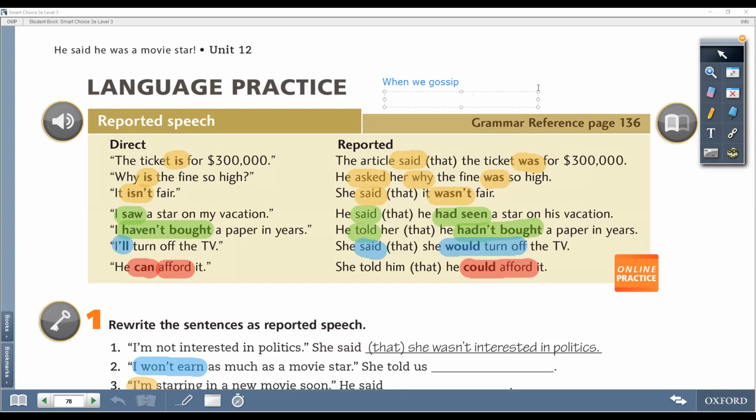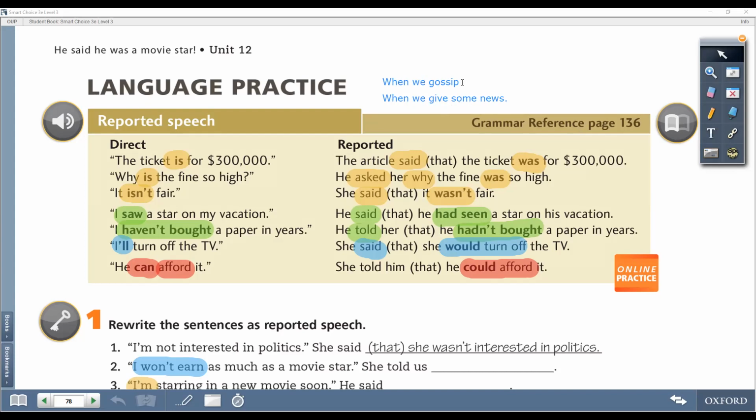So they report what other people said. When we give the news, right? For example, oh, look, the president said that he's going to do this or that. Oh, listen, the president of the United States said so and so. So usually when we give some news, we report.